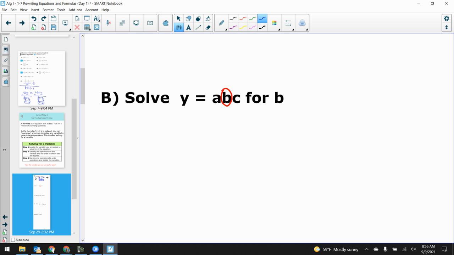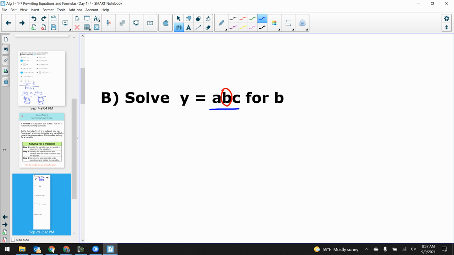What operations are being done to B? Multiplication by what? A and C. I'm multiplying by A and C, right? Now, if you're doing the same operation to two separate things, what you could do is actually undo that operation at the same time.